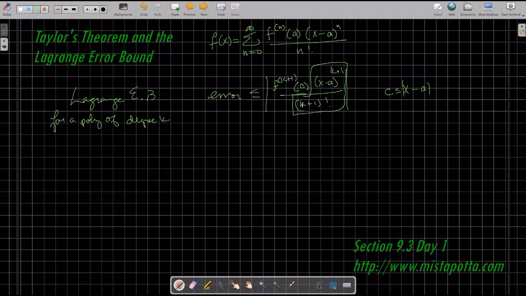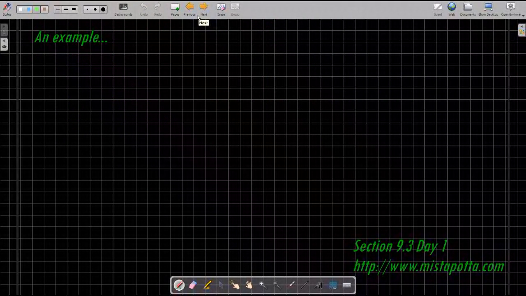The only thing that's different is I'm not necessarily looking at a being the argument of my k plus 1th derivative, but some value c inside of this interval. What we'll find, however, is that looking at the next term gives us a very reasonable bound for what we're dealing with. And so I wanted to do an example of this.